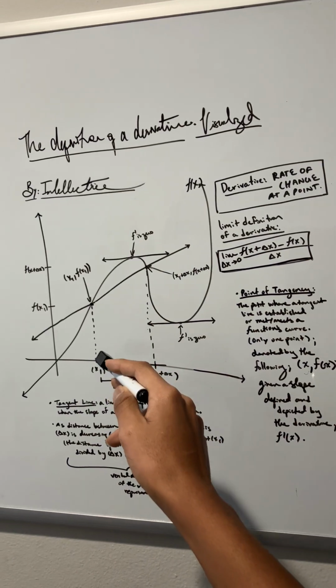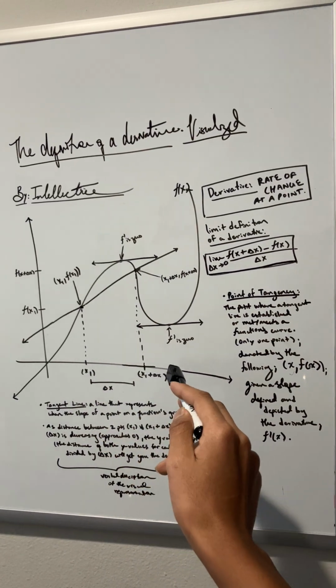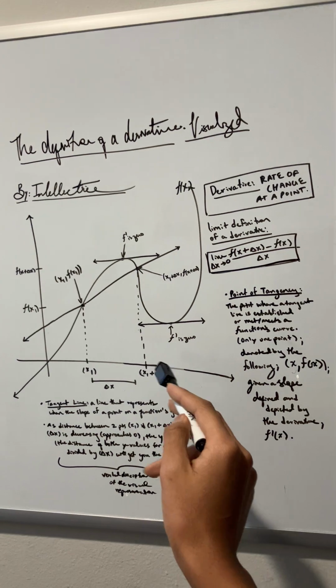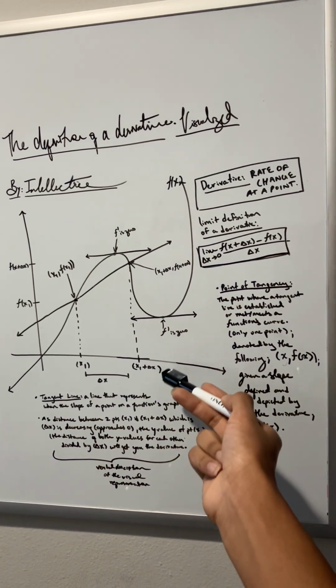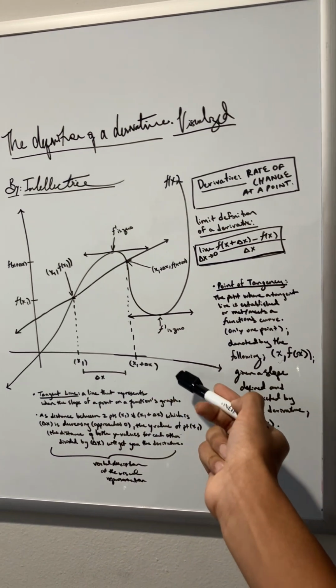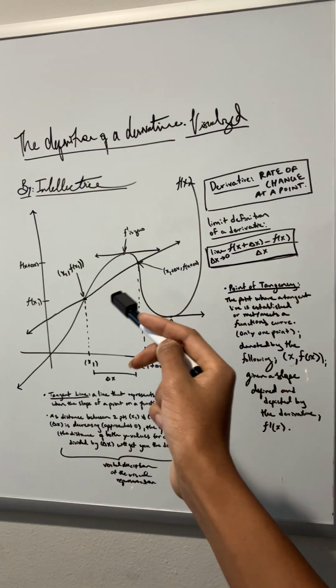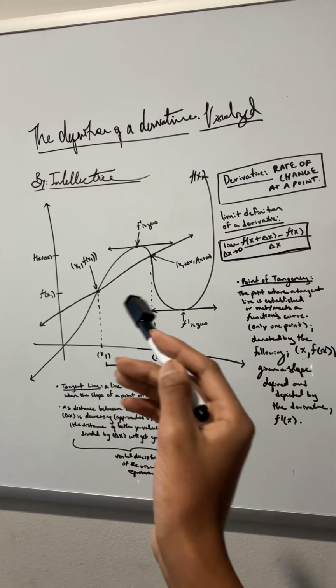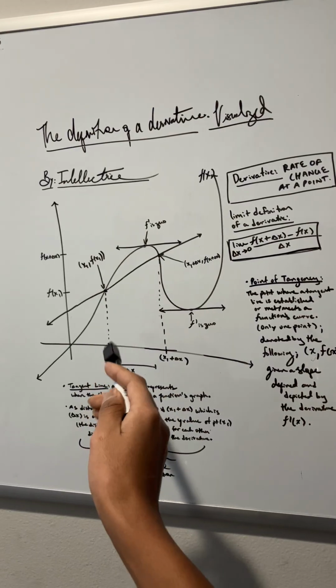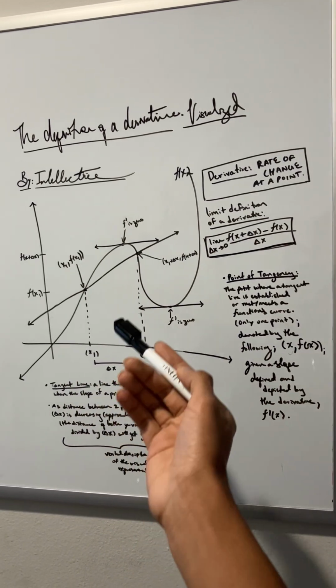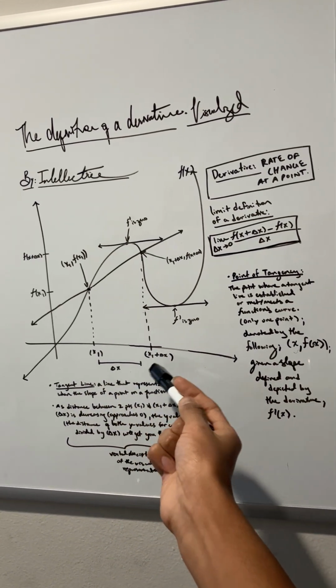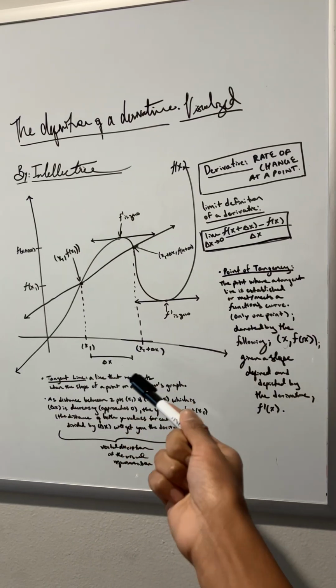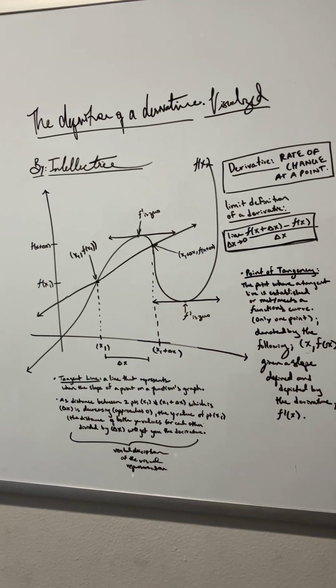So between this point x sub 1 and this point x sub 1 plus delta x, why is this point specifically x sub 1 plus delta x? Because this point is a delta x distance farther apart from this point x sub 1. This is why, therefore, it is x sub 1 plus delta x, not x sub 2, x sub 3, or whatever notation it may be.